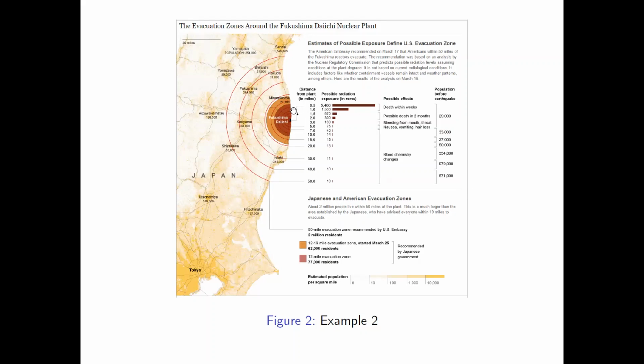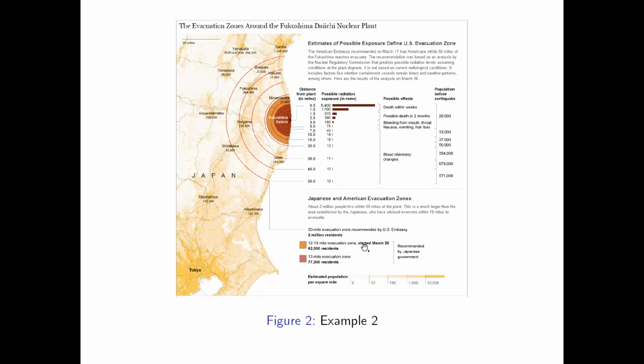The left panel shows a map of Japan, and you can see some contour lines here representing different distances from the plant in miles. And the right panel includes the possible radiation exposure and also the possible effects, together with the population before the earthquake.